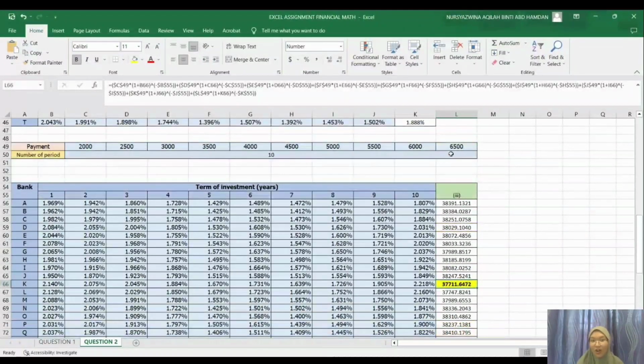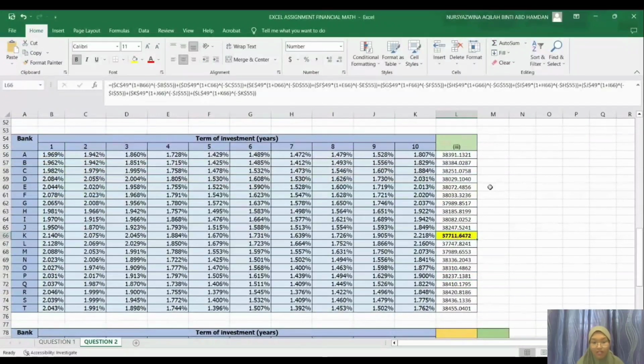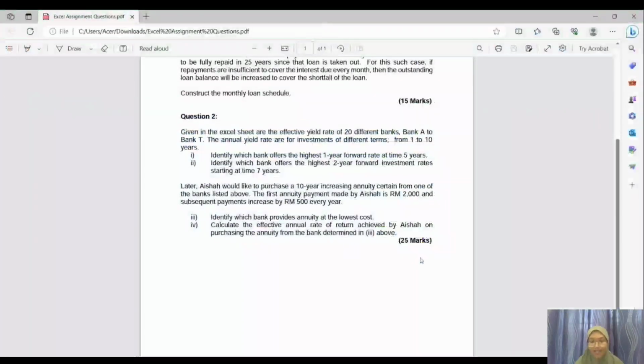After we lock all the payment cells, which is all the R cells, we can calculate the PV for each bank to identify which bank provides annuity at the lowest cost. So the bank that provides annuity at the lowest cost is Bank K with the PV of 37,711 and 64 cents.